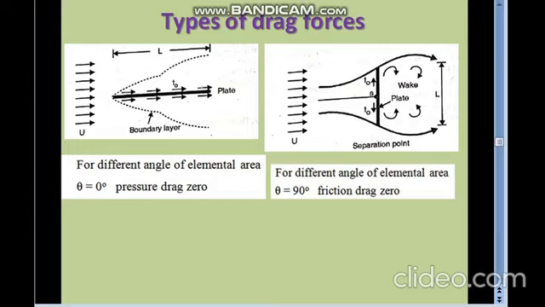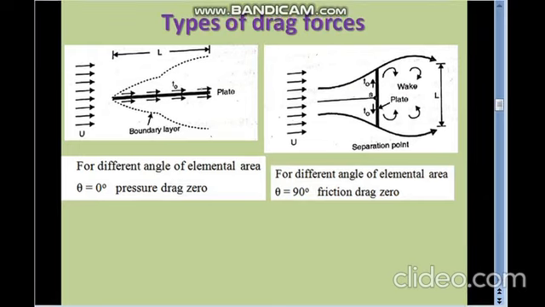Now we will move to the second case. The plate is vertical. Here theta is 90 degree.